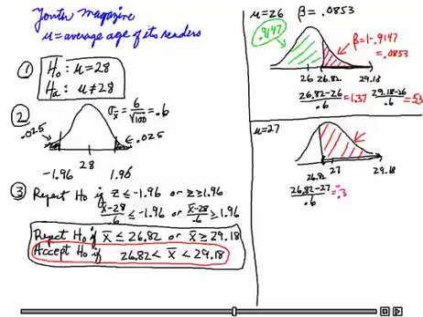And then on the other end here, the 29.18, subtract 27 over 0.6, and that gives me a value of 3.63. So I'm still on the upper end. I'm still off the chart there. I'm pretty far out to the right.